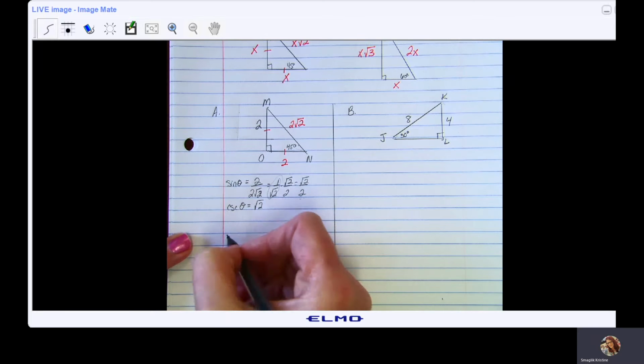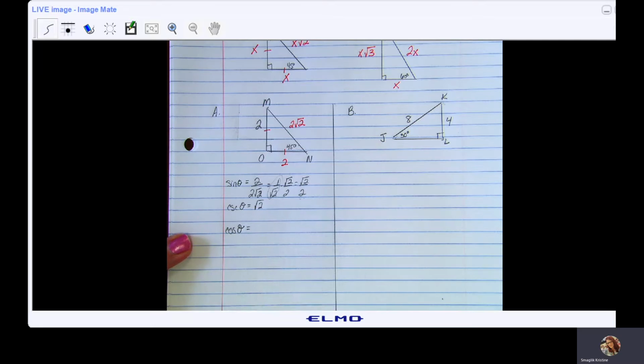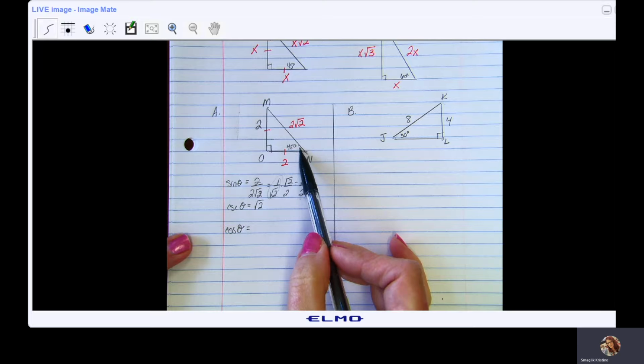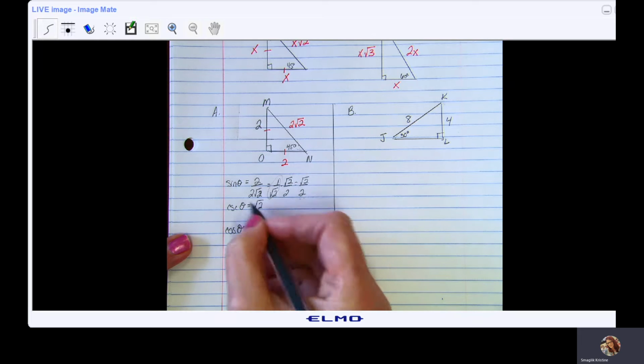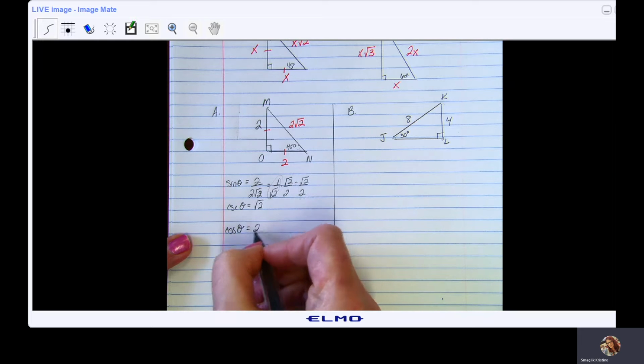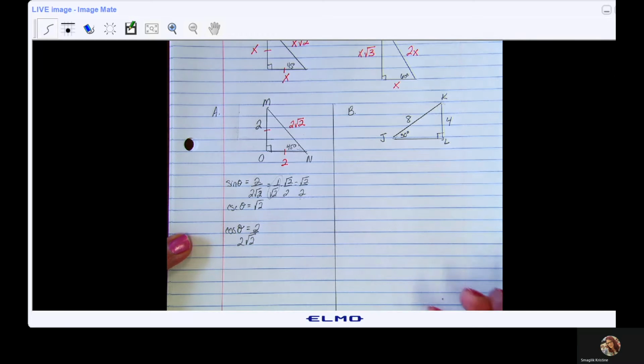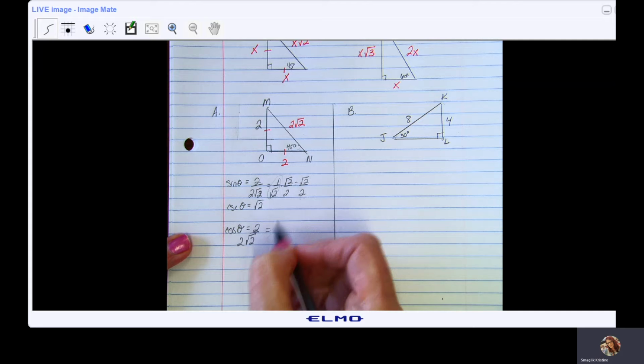And now let's do cosine. Cosine is adjacent over hypotenuse. Okay, so here is my theta. Here's adjacent 2 over the square root of 2. Well, it's the same thing as sine. I'm not going to bother redoing all this. We know it.